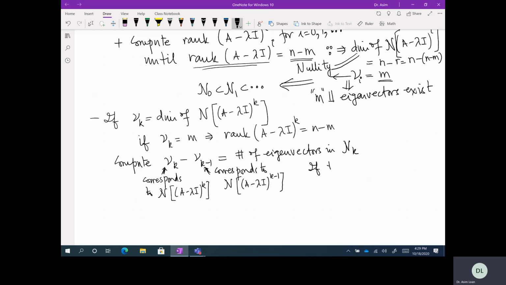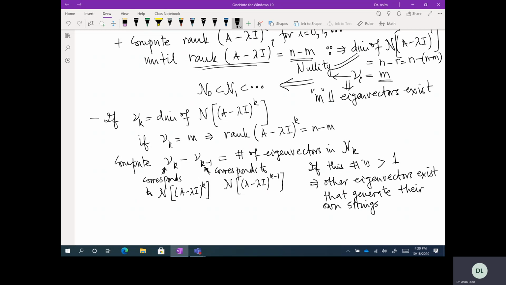If this number is greater than 1, this implies other eigenvectors exist that generate their own strings, their own strings that generate their own strings.